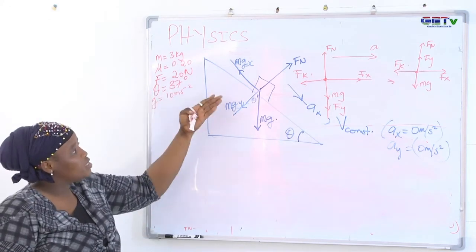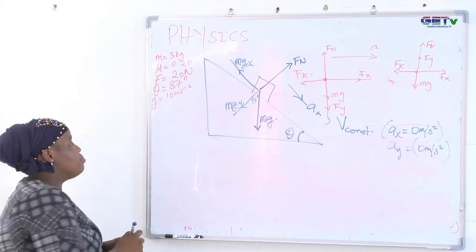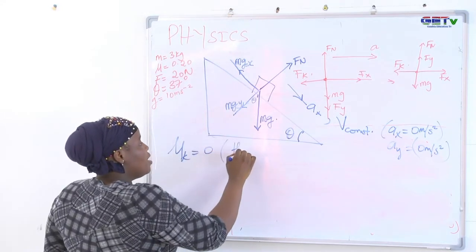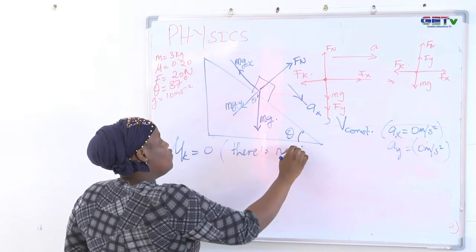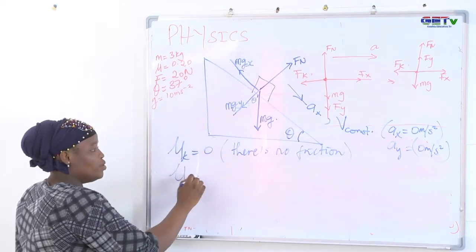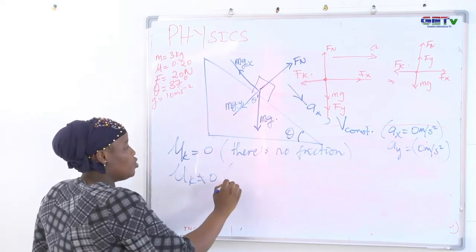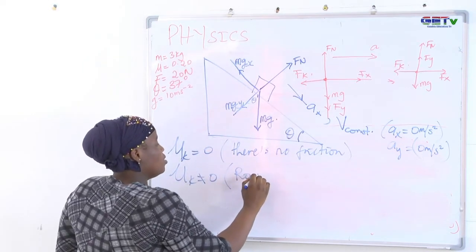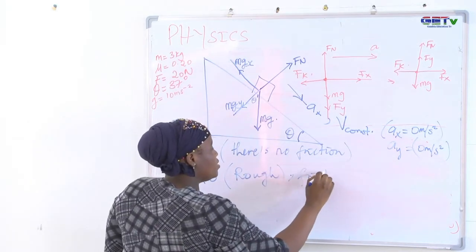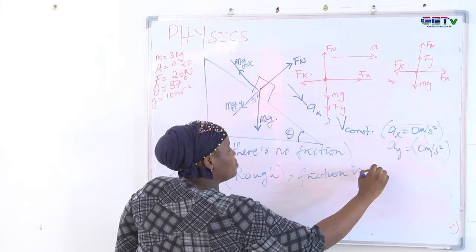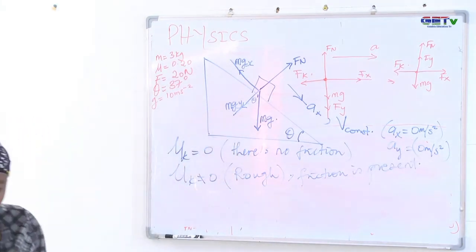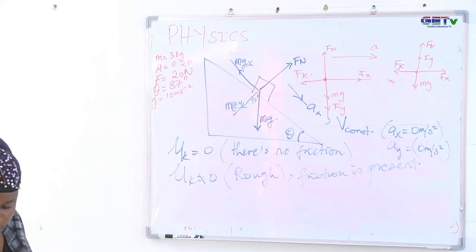If the surface is smooth, it means the mu of k will always be 0, and that tells us there is no friction present. The moment the magnitude of mu is given, you know the surface is rough, and friction must be present. Is that clear? Good.